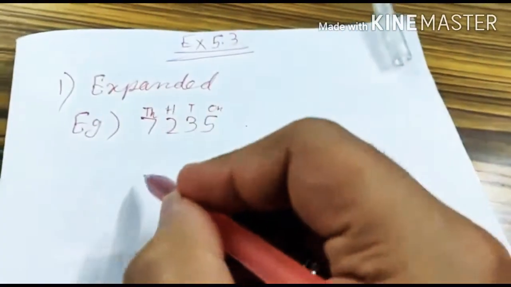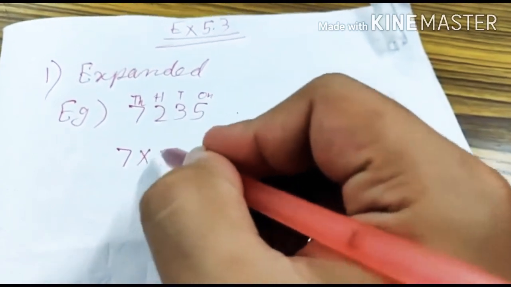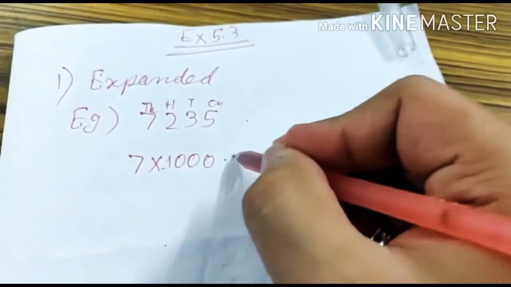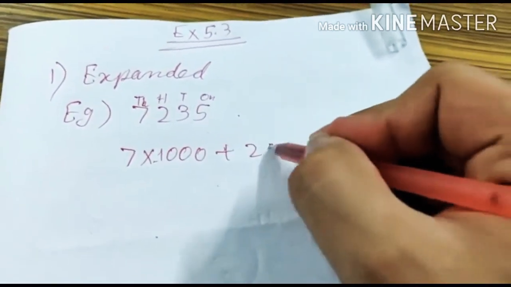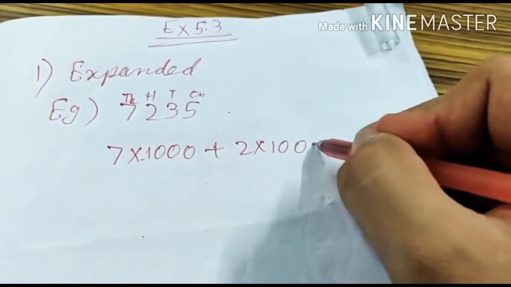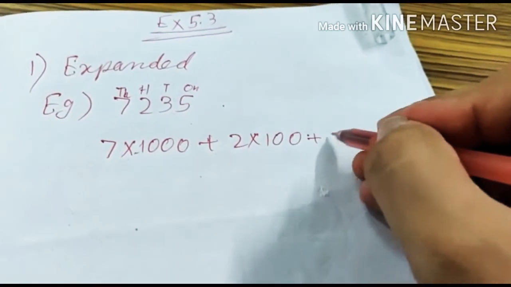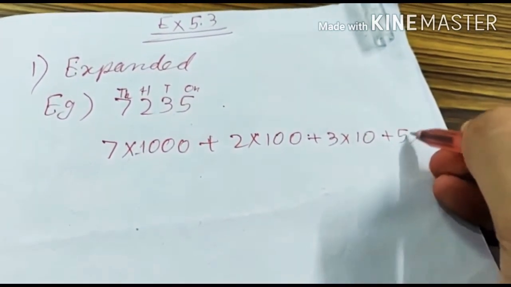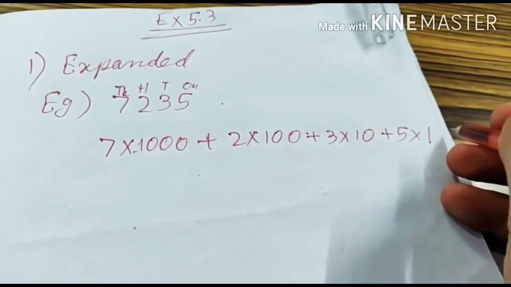So 7 can be written as thousand, plus 2 is at hundreds, plus 3 is at tens, plus 5 is at ones.